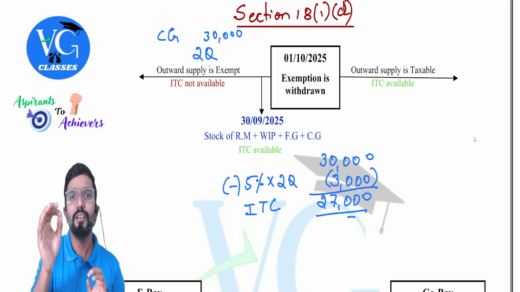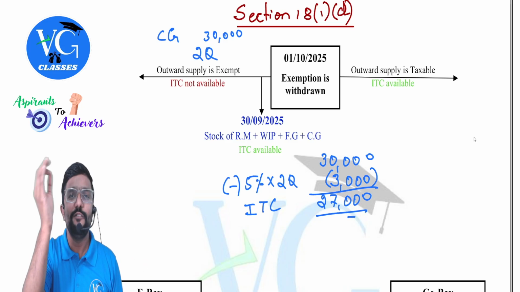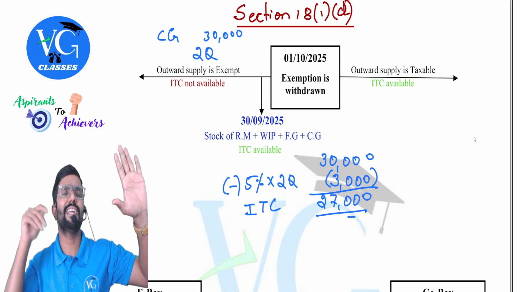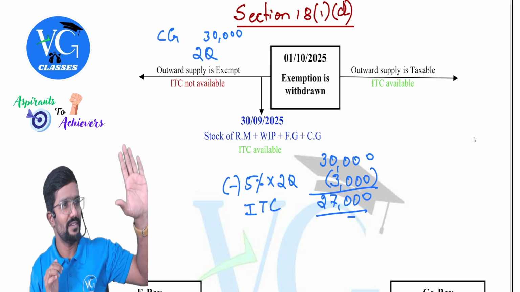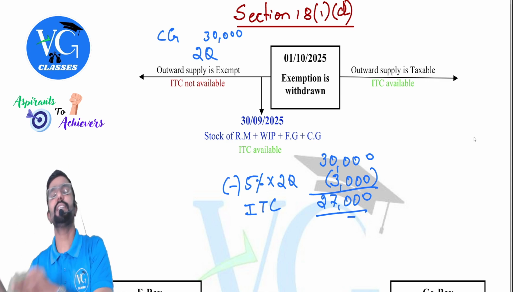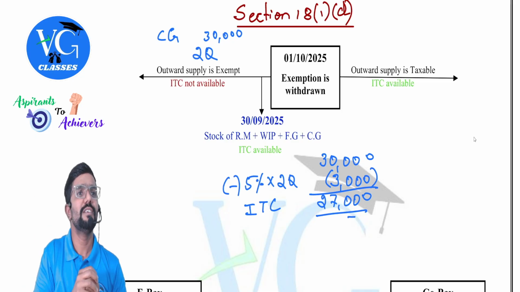I repeat, before 1st October, it was used for 5 quarters and 10 days. How much credit should be reduced? How much credit is available? Tell me.